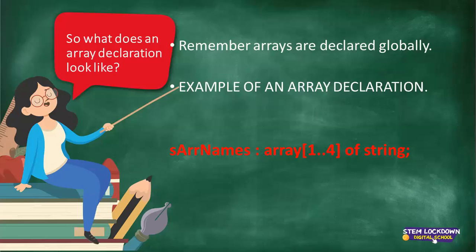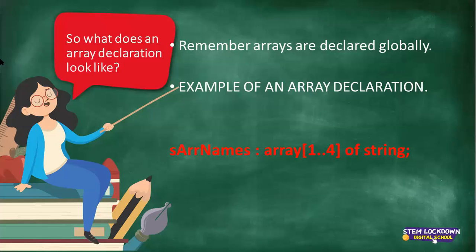So again, the purpose of local variables is so that only that button can have access to that information. And the purpose of declaring variables globally is so that the entire form can have access to that information. I hope that was clear enough.